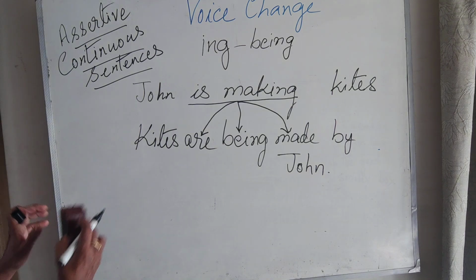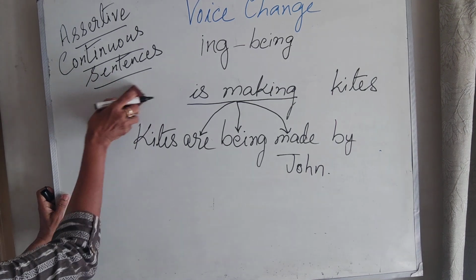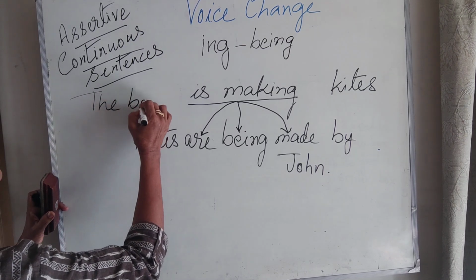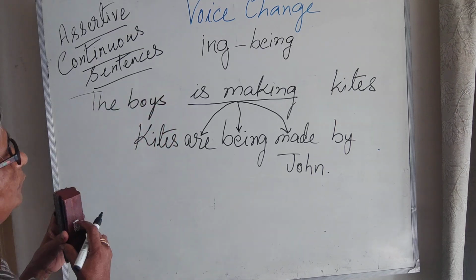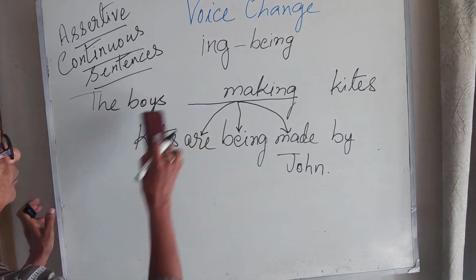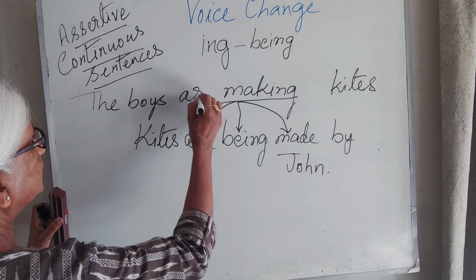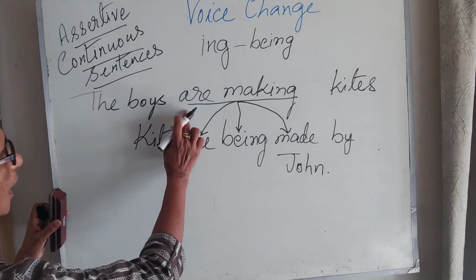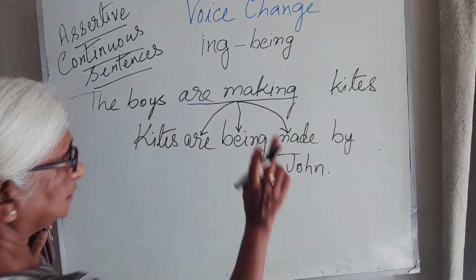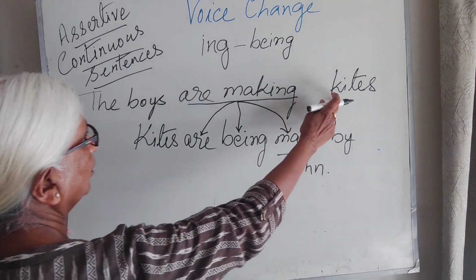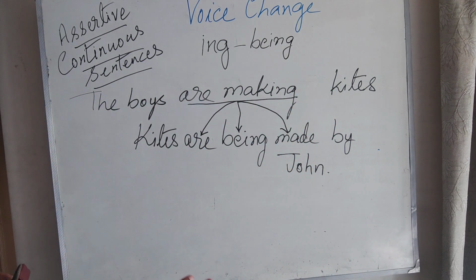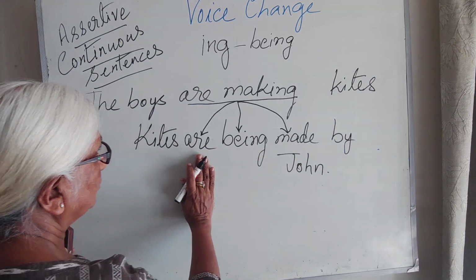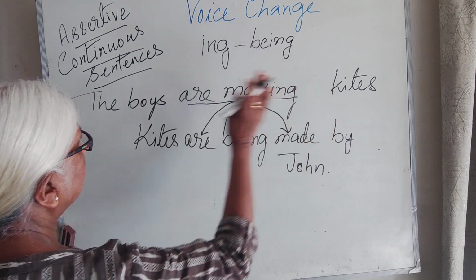Alright? Now suppose instead of John, I give a sentence. The boys. Obviously here is will turn to are, because boys are plural, more than one, so plural. The boys are making kites. See here, both the subject and the object are plural. Naturally here, kites are being made. There's no change over here because this is also plural, this is also plural.